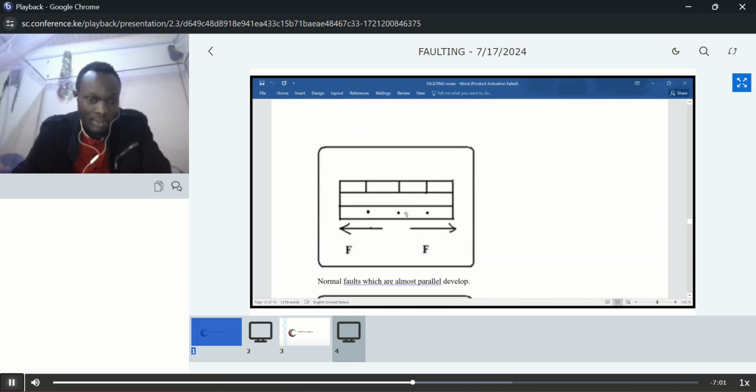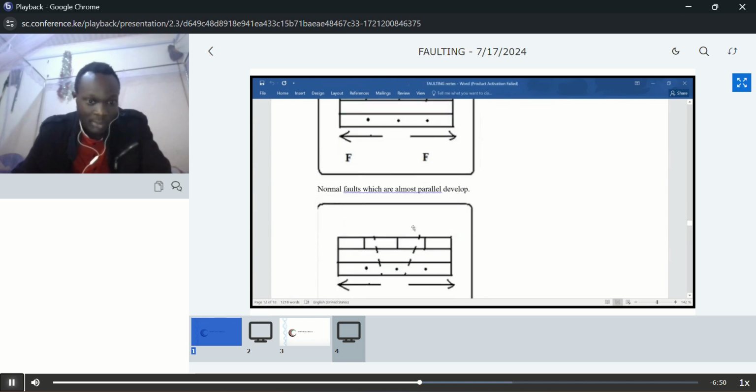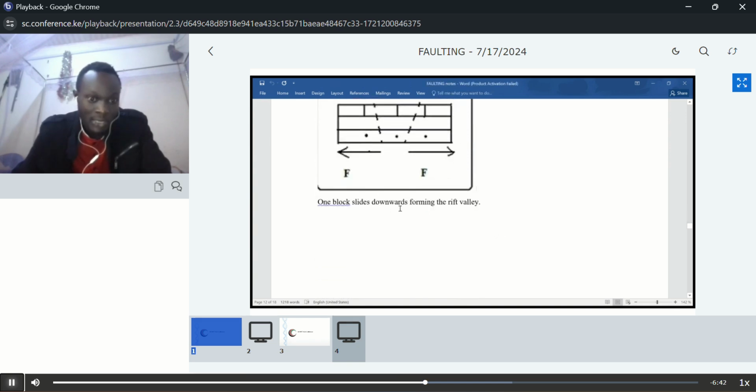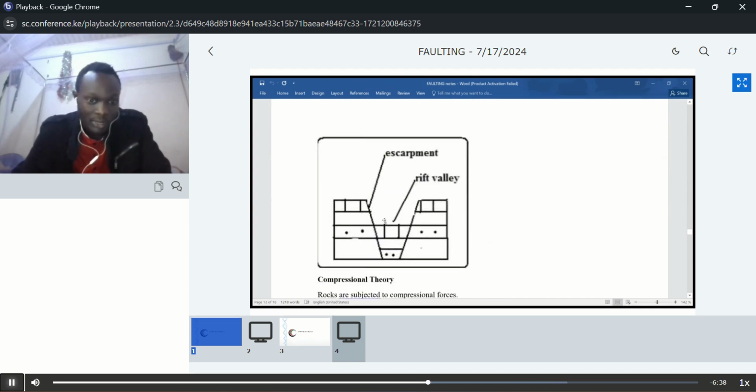For example, this landmass is subjected to tensional forces going to this side and this section, and normal faults which are almost parallel develop. Now, normal faults start to develop on this part and this part, and they are almost parallel. One block slides downward, forming the rift valley. So when the middle block slides downward, it forms the rift valley.